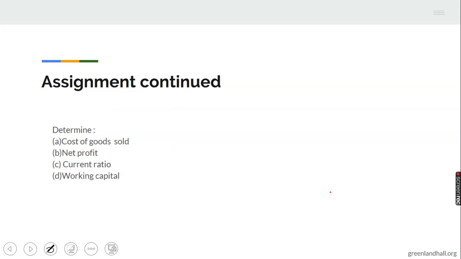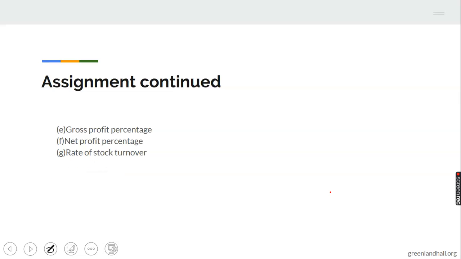We are expected to determine A, cost of goods sold, B, net profit, C, current ratio, D, working capital, E, the gross profit percentage, F, net profit percentage, and G, rate of stock turnover.